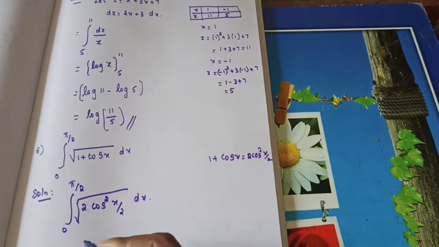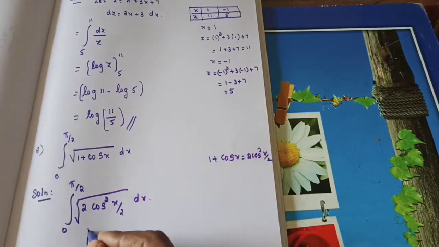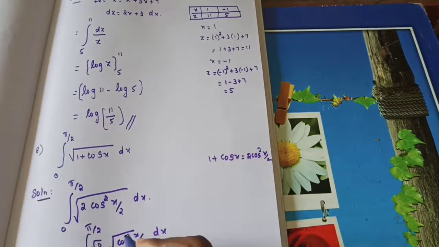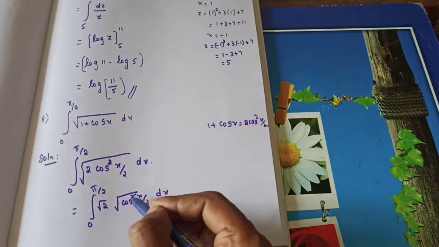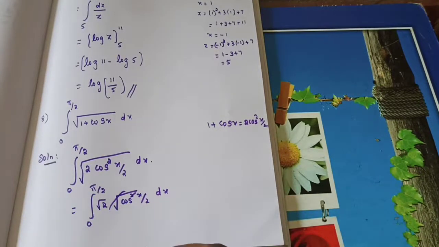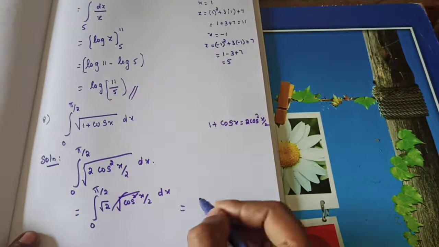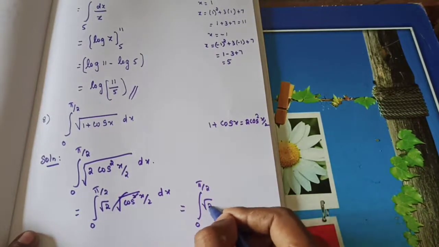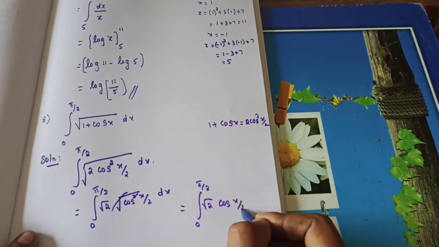So from this you can take the square root of 2 separately. Then square root of cos square x by 2 separately. Okay. Then this square and this square root will get cancelled. Correct? Yes or no? Yes. So what's the balance? Integral of 0 to pi by 2 square root of 2 cos x by 2 dx.